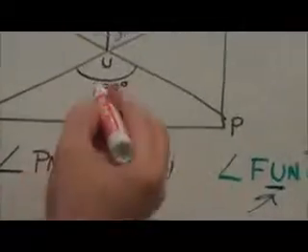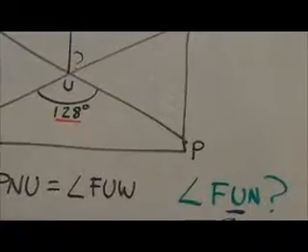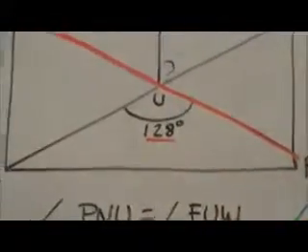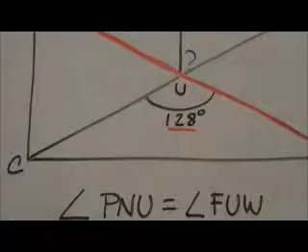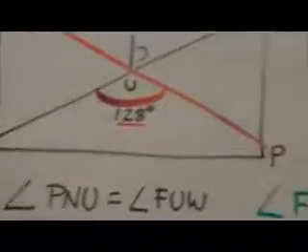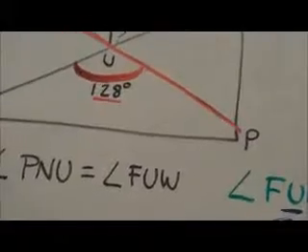I wish I could turn this board upside down, but I can't. I know that I've got 128 degrees from here to here. But one thing I need to remember is I've got a straight angle. So far it's 128 degrees.